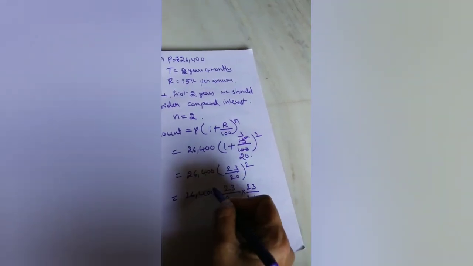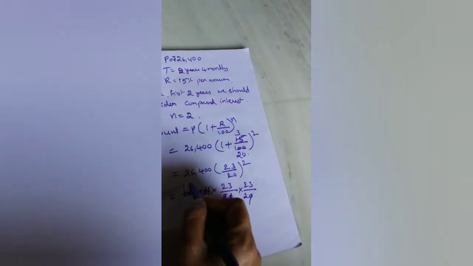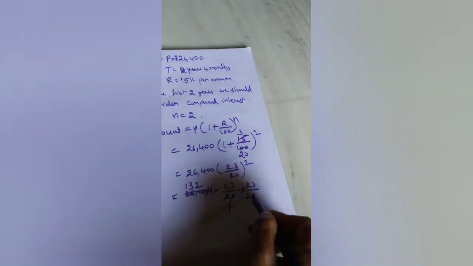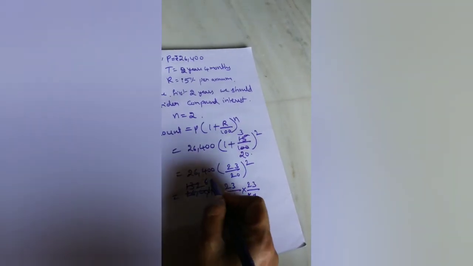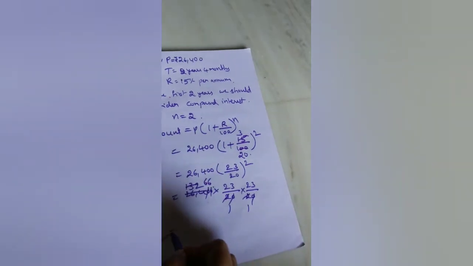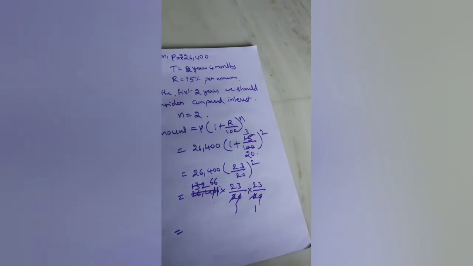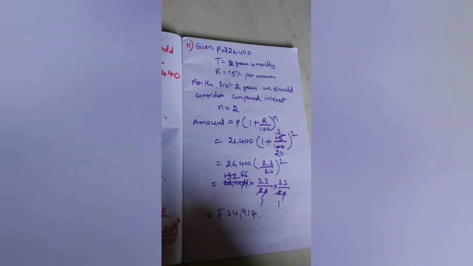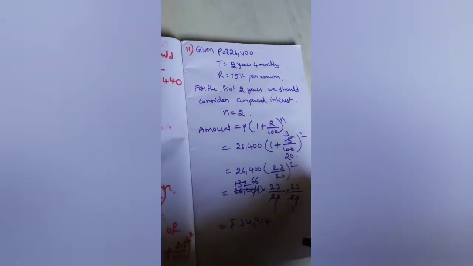Cancelling the zeros and simplifying, we get 63 into 23 into 23. Now multiply it and write the answer. So the amount is 34,914. Now this is for the first 2 years.